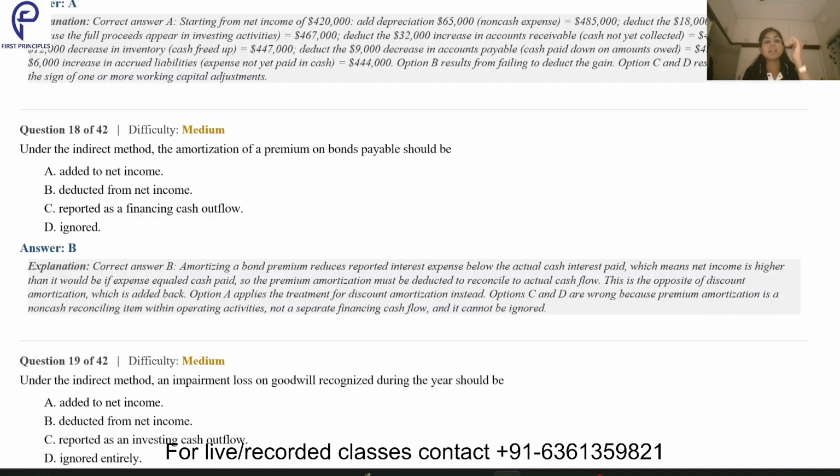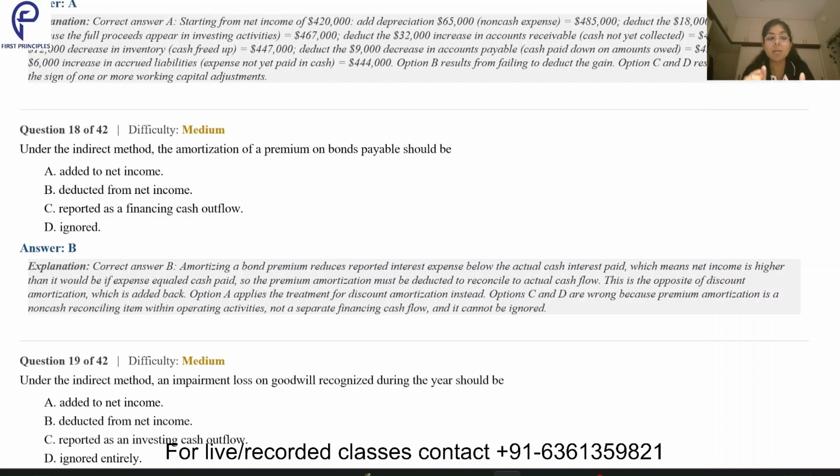If my interest amount is getting reduced because of the bond amortization, note that bond amortization is not a cash expense, and it's nothing related to cash.